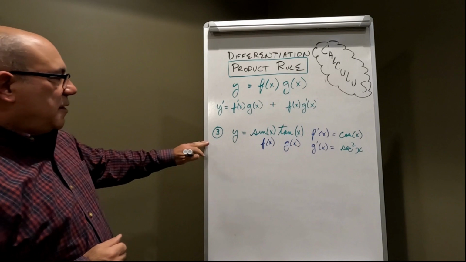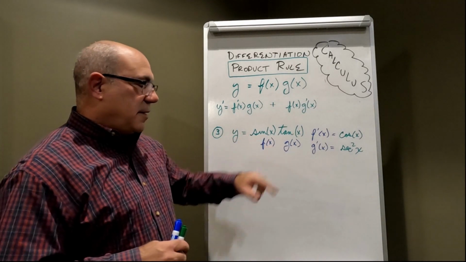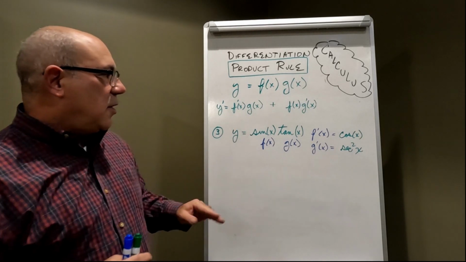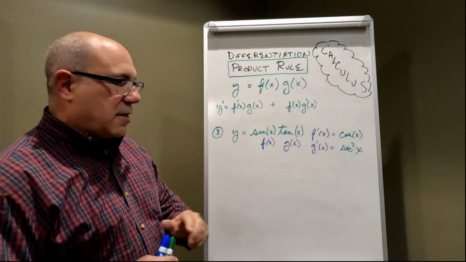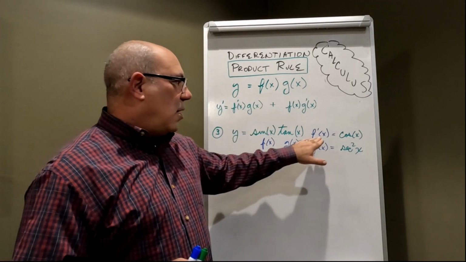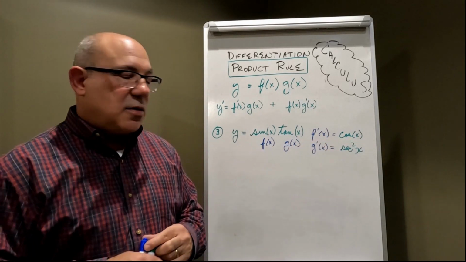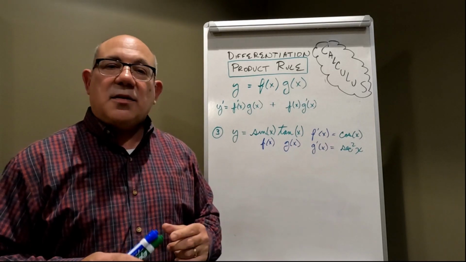Okay, so for our third example, we have trigonometric functions multiplied together, sine x and tangent x. And so when we take the derivative of each part, f of x and g of x, assigned like our problem statements showed, we get f prime of x is cosine x, the derivative of sine is cosine, and the derivative of tangent is secant squared.